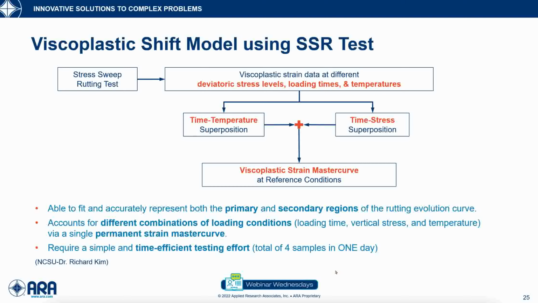We then make use of the time temperature superposition principle with growing damage and the time stress superposition principle. From these principles, from the SSR tests, we developed the viscoplastic strain master curve. That viscoplastic strain master curve at reference conditions, at a specific temperature, at a specific stress, can tell me exactly what is the strain for any number of cycles of these conditions.